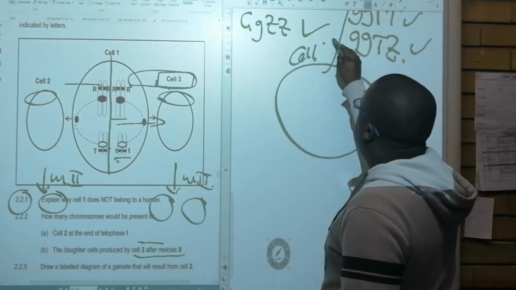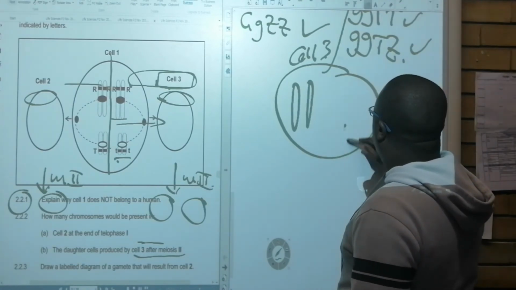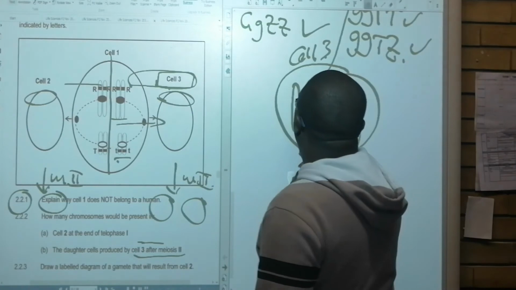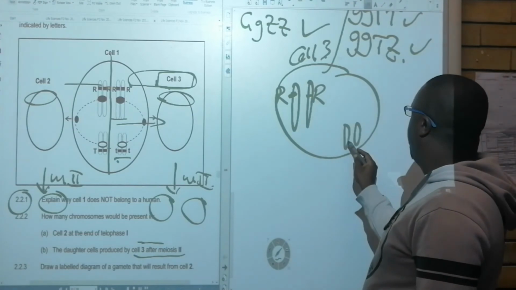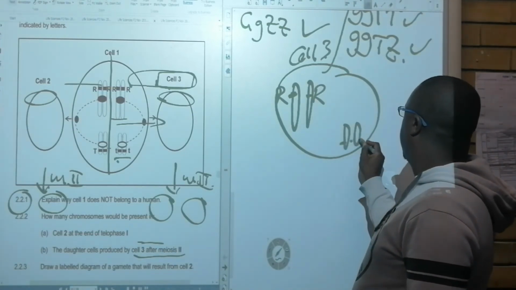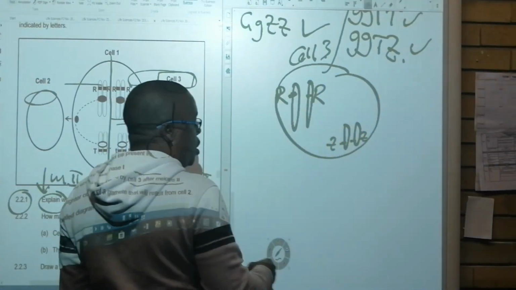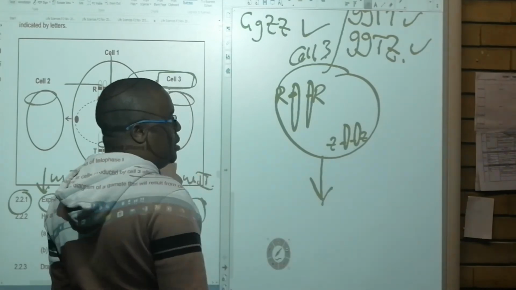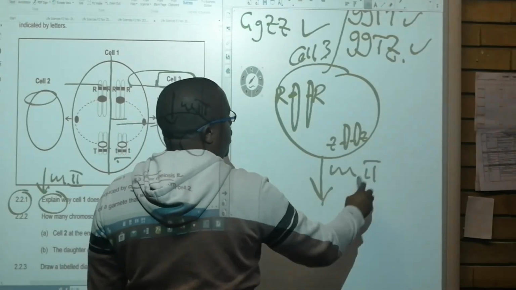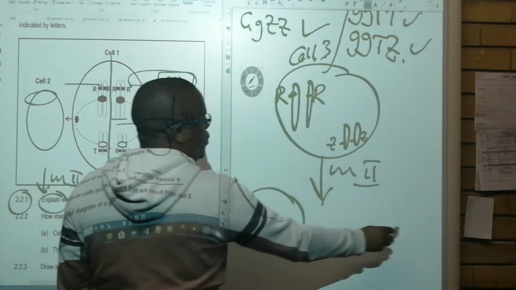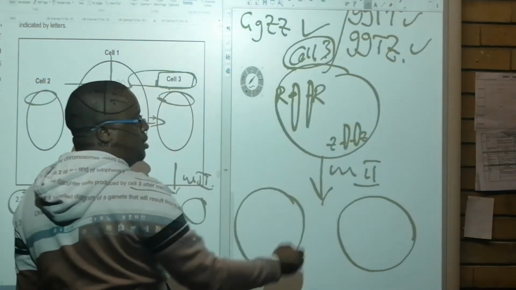This is now cell 3. So what do we have? We have this, and then we have this, and then this is after meiosis 1. And then it goes to meiosis 2. After meiosis 2, we have a further 2 cells from cell 3.